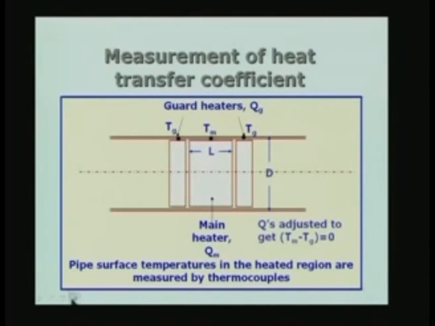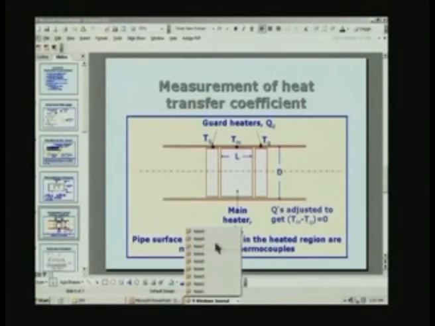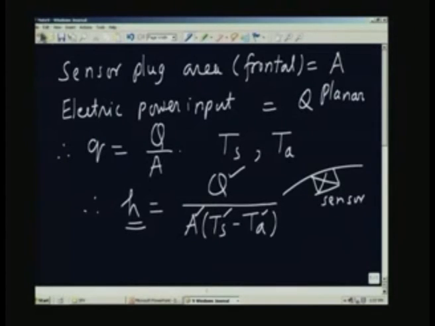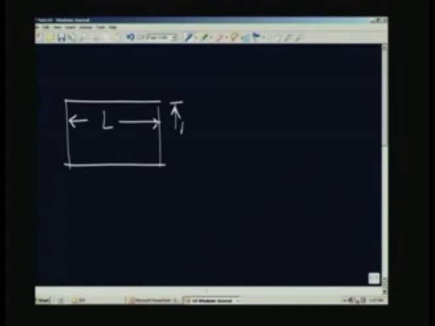So, we can show it on the board. We have this is the pipe, main heater, length is L, diameter is d. So, Q by pi d L is the heat flux.